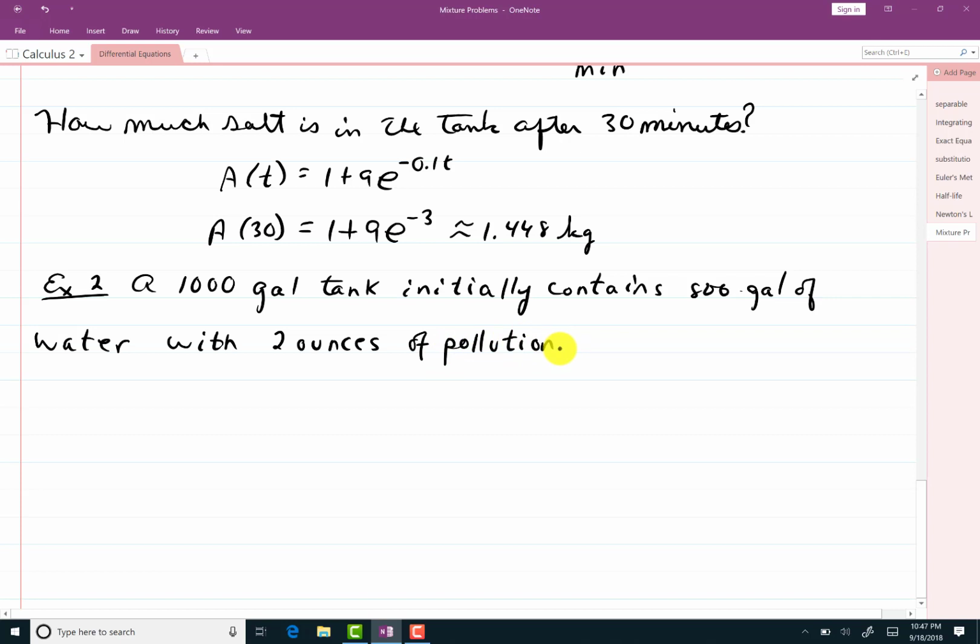Well, let me add one thing to that. I don't want to just say pollution, because it makes it seem like there's 2 ounces of pollution laying on the floor of the tank. Let's say it's 2 ounces of pollution dissolved in it.